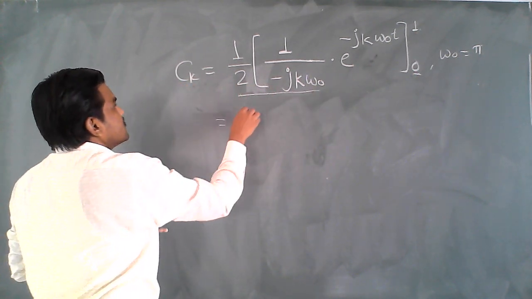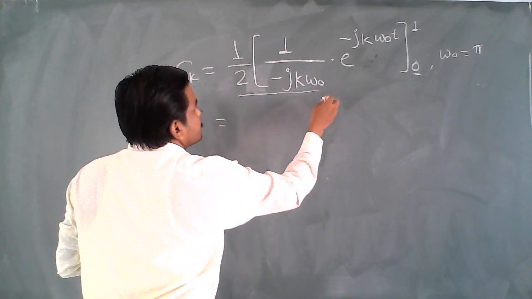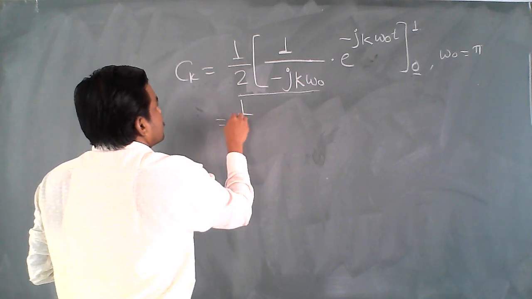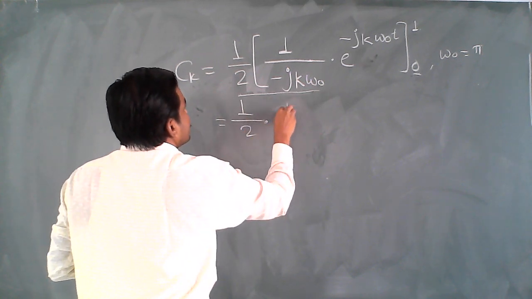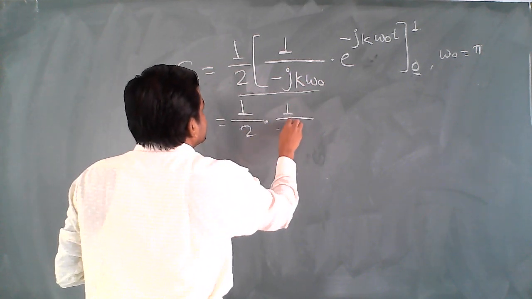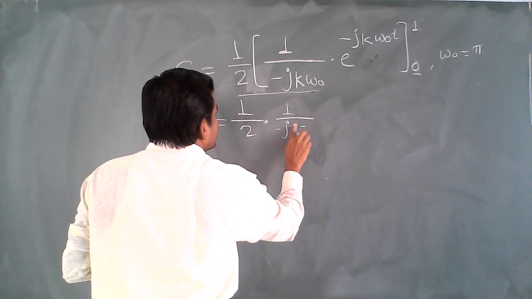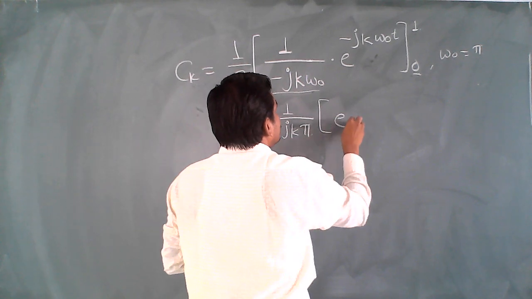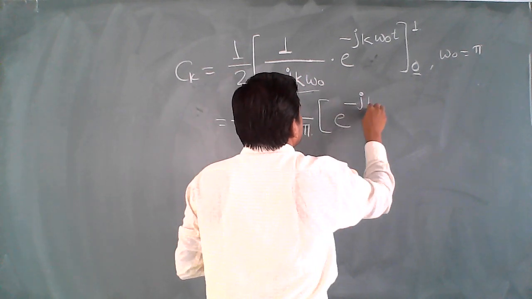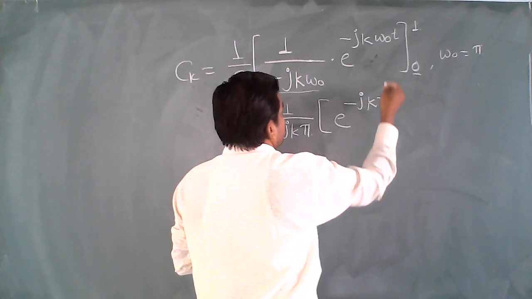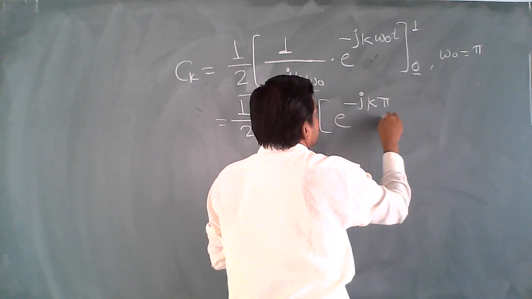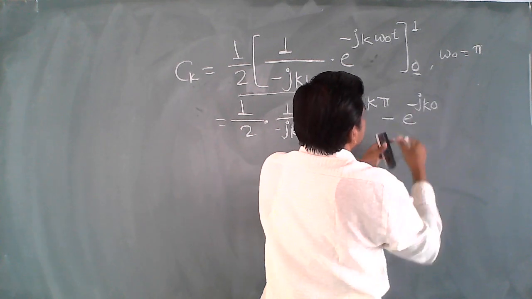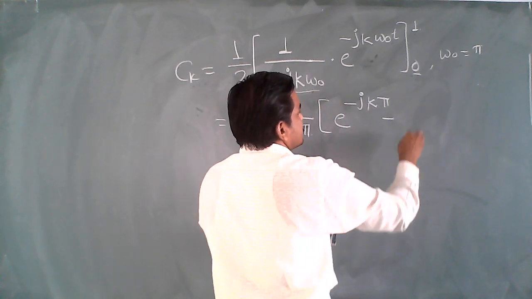As w0 is equal to pi, I will write it as 1 upon 2 as it is, and then 1 upon minus j k pi into e to the power minus j k pi, putting t equal to 1 here, minus e to the power minus j k 0. And e to the power minus j k 0 is equal to 1.